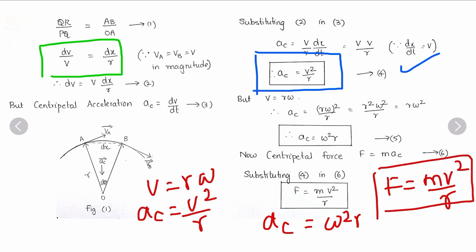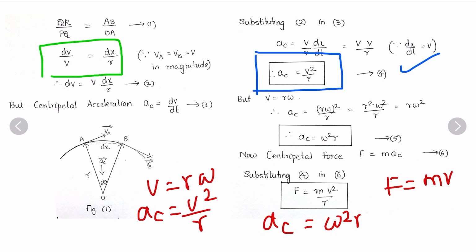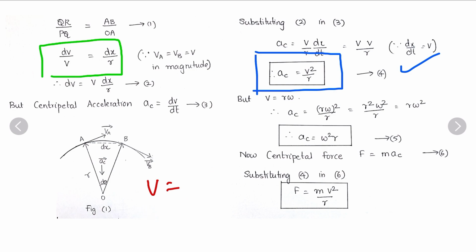Remember these formulas. They will be very useful when you come to the 7th chapter, System of Particles and Rotational Motion. It is also useful for rotational motion, and when we come to that chapter, all these formulas will be used again.